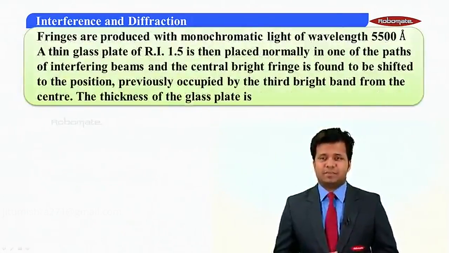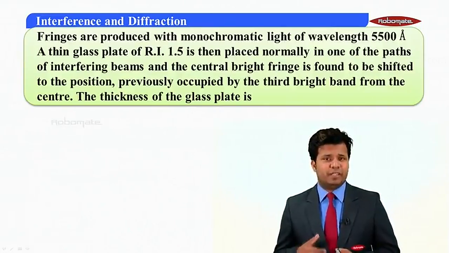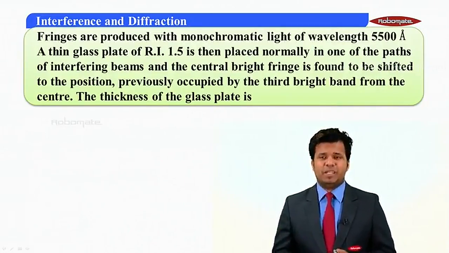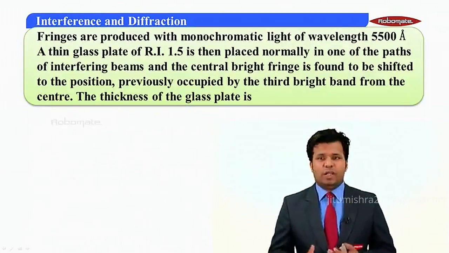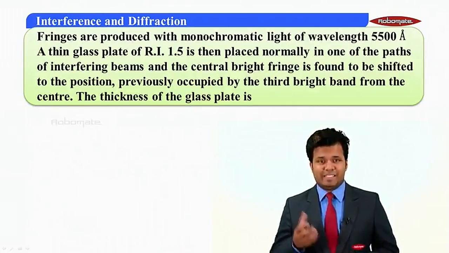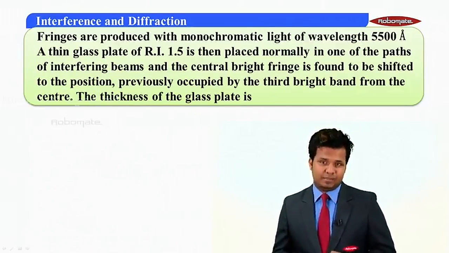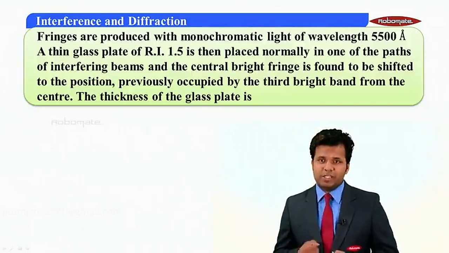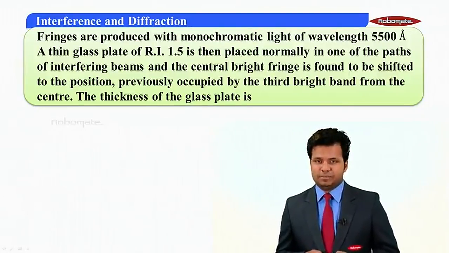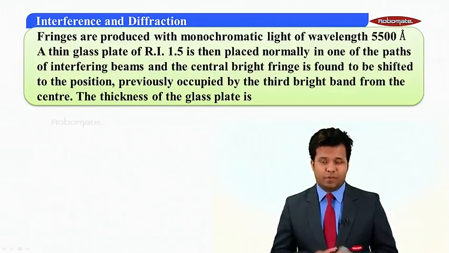The next question is: fringes are produced with monochromatic light of wavelength 5500 angstrom unit, and a thin glass plate of refractive index 1.5 is then placed normally in one of the paths of the interfering beams, and the central bright fringe is found to be shifted to the position previously occupied by the third bright band from the center.